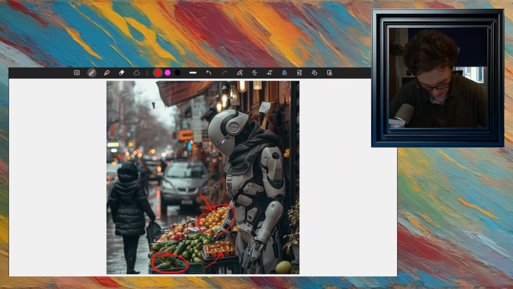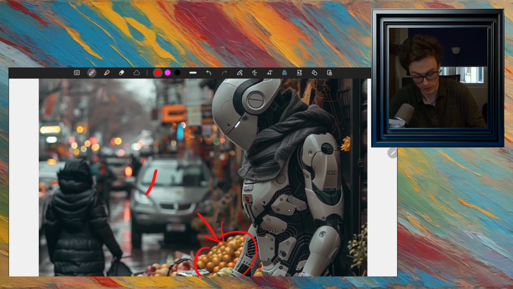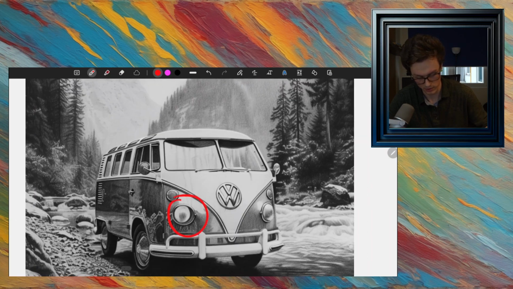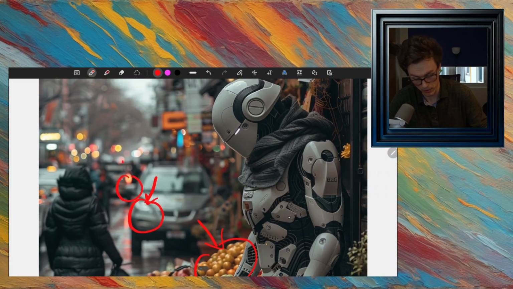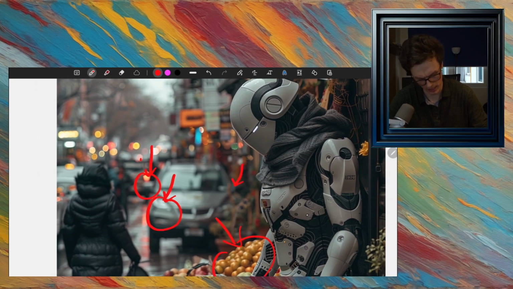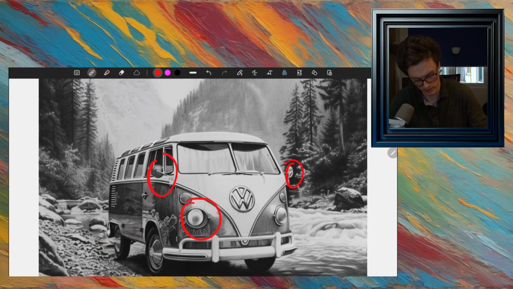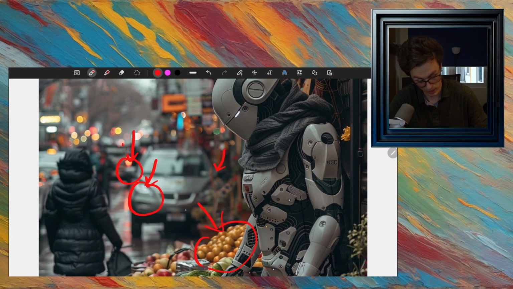Let's see. Can I see anything else interesting in this image? We have some more car vocabulary. So here are the headlights, right? It's not very easy to see, but that's the car headlight, just like this one here, right? We also see the mirror right here, right? There should be another one right there, but we can't see it very well, right? Those are these. And we can also see the license plate, right?